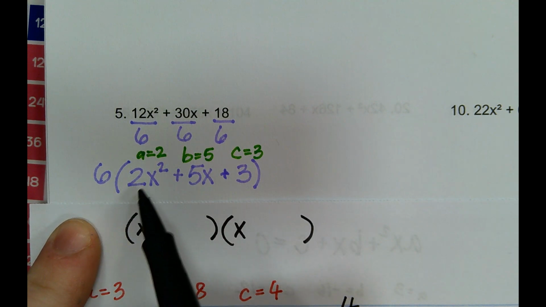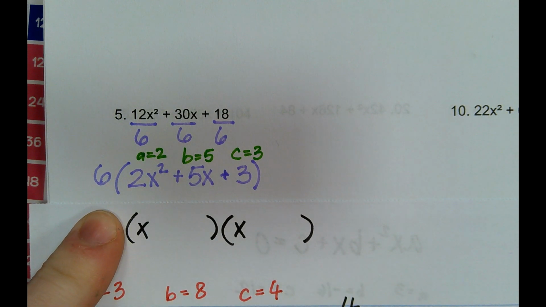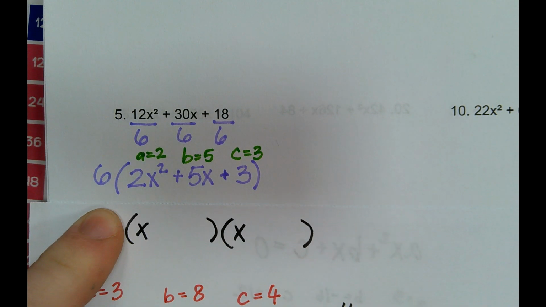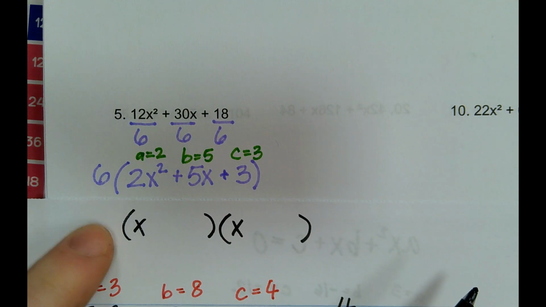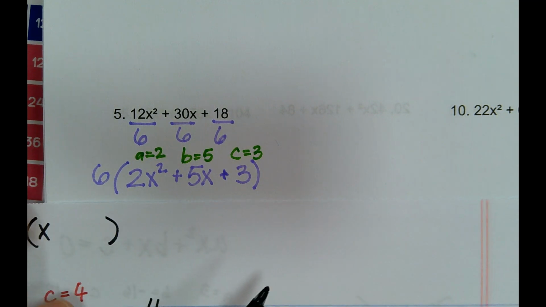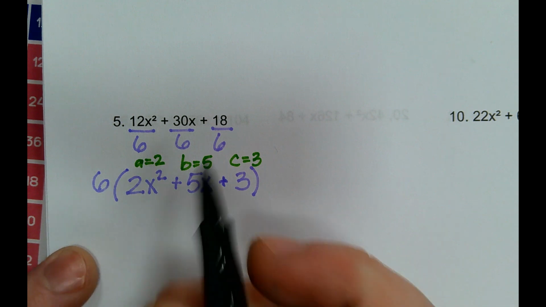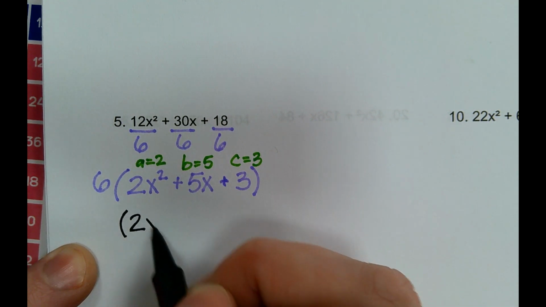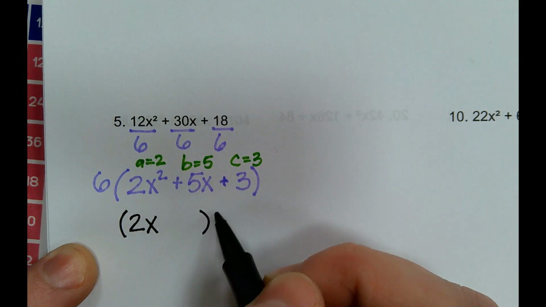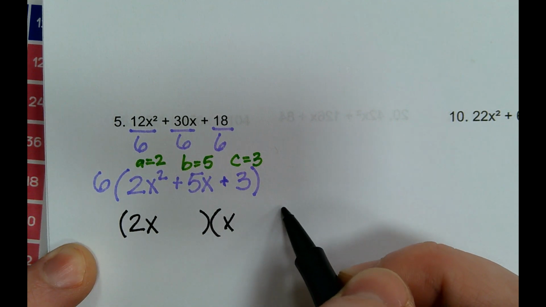Whenever we have a number in front, like a 2, that we can't get rid of, there's no more greatest common factors here, that's going to show up in our answer. Instead of x and x, we'll have a 2x for one of them and an x for the other.